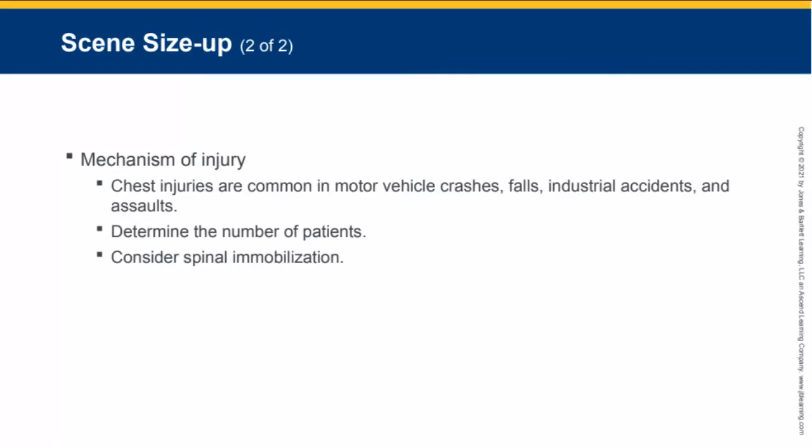Chest injuries are common in motor vehicle crashes, falls, industrial accidents and assaults. Determine the number of patients, consider spinal immobilization or spinal motion restriction, whichever guidelines your organization is following. Go with it. And just keep in mind that the new guidelines are spinal motion restriction.